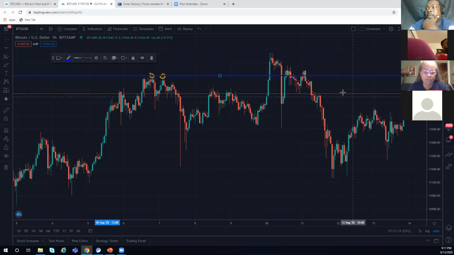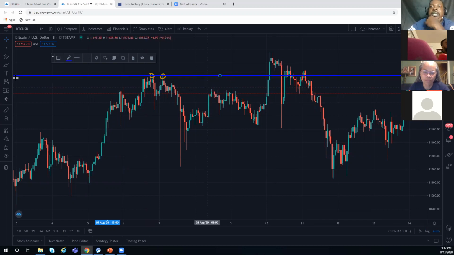But what I do know based on history is that when it's moved this way, it's hit this zone 1, 2, 3, 4, 5 times already. So Bitcoin has the opportunity to go from 11,700 to 11,900, which would be over 2,000 pips. And that's just one level.